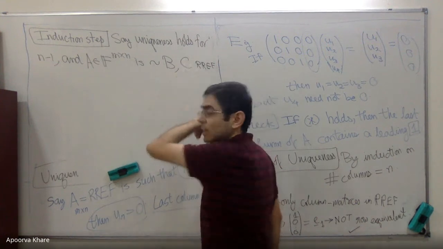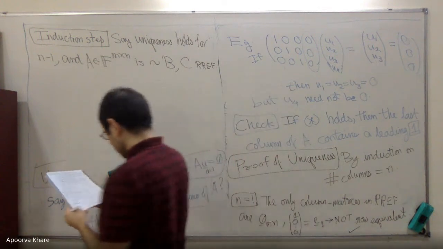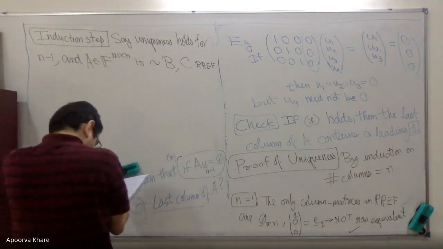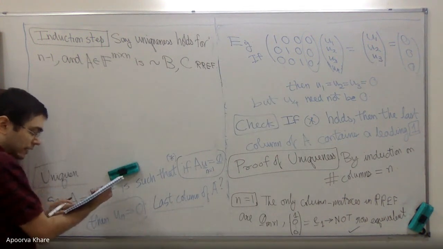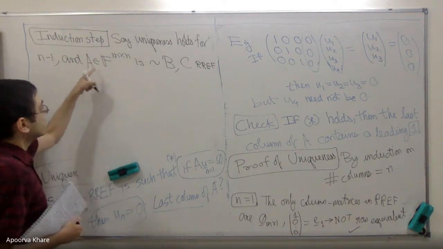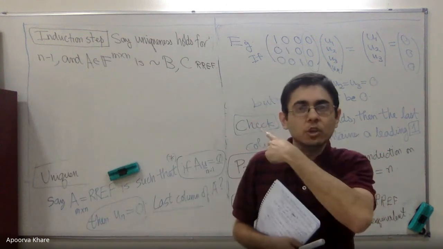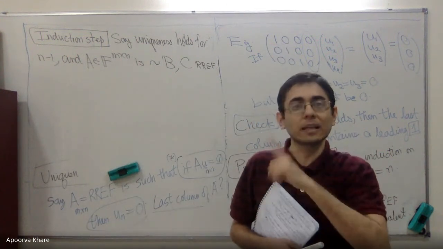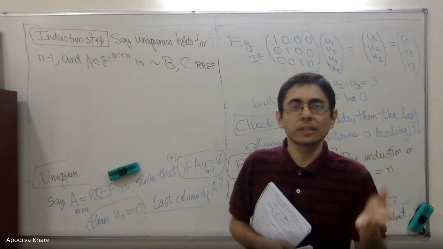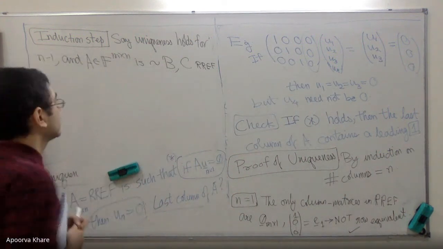So both B and C are row reduced echelon, and let's say B is not equal to C. We will get to that assumption later on. But first, let me chop off the last column of A, the last column of B, and the last column of C. Let's call these A prime, B prime, C prime. Then these have fewer columns.